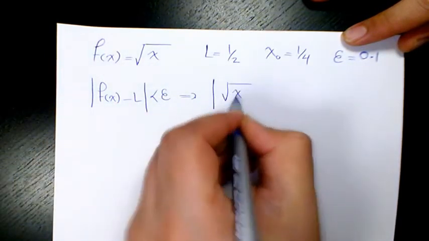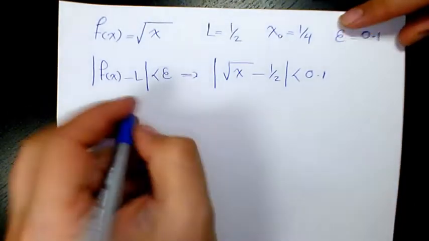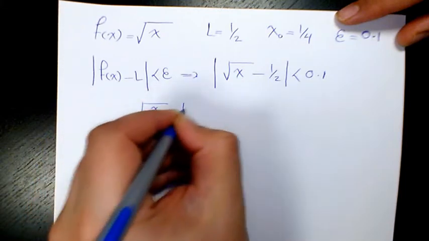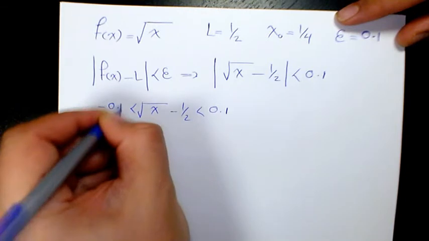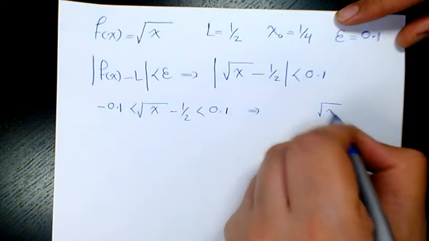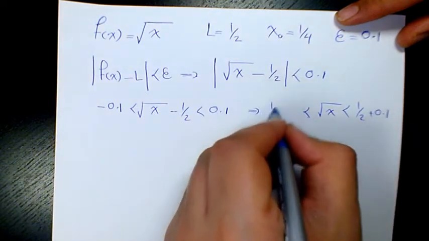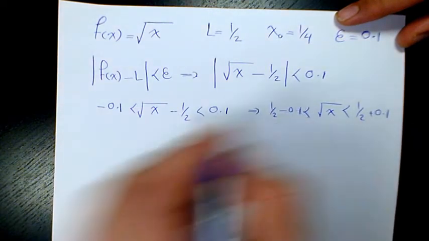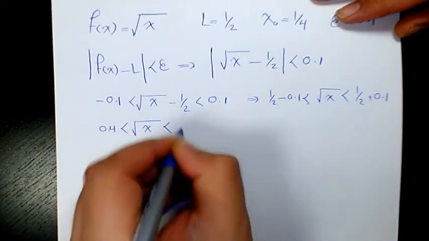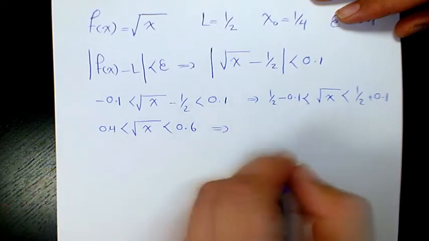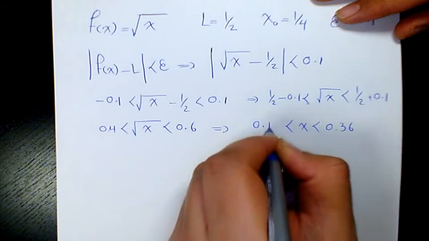Square root of x minus 1 over 2 has to be less than 0.1 and greater than negative 0.1. That's going to be 1 over 2 plus 0.1, 1 over 2 minus 0.1, which will be 0.4, 0.6, and then you square both sides, 0.36 and 0.16.